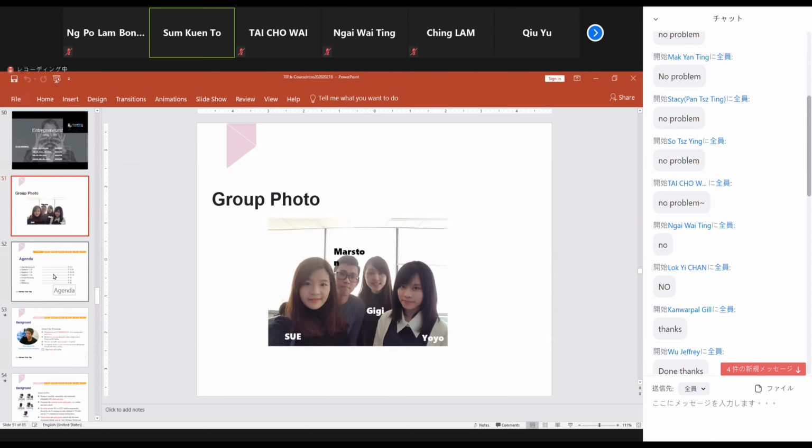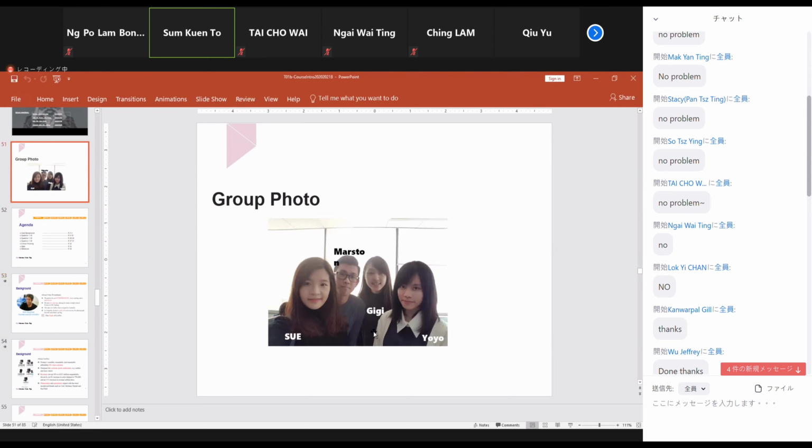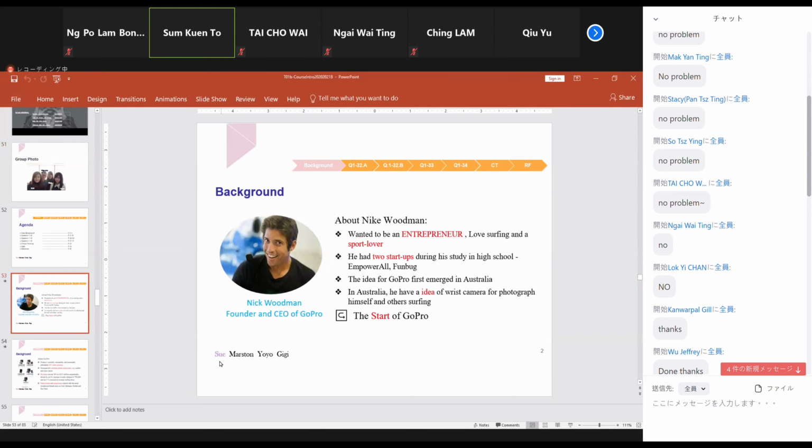And also talking about the background. And also what I want to say here is the name of presenter. So the group, they got several persons, Zui, Marston, Yo-Yo, Gigi. And then if this PowerPoint slide is presenting by Zui, so you highlight this is by Zui. And then, also here, this is the agenda.